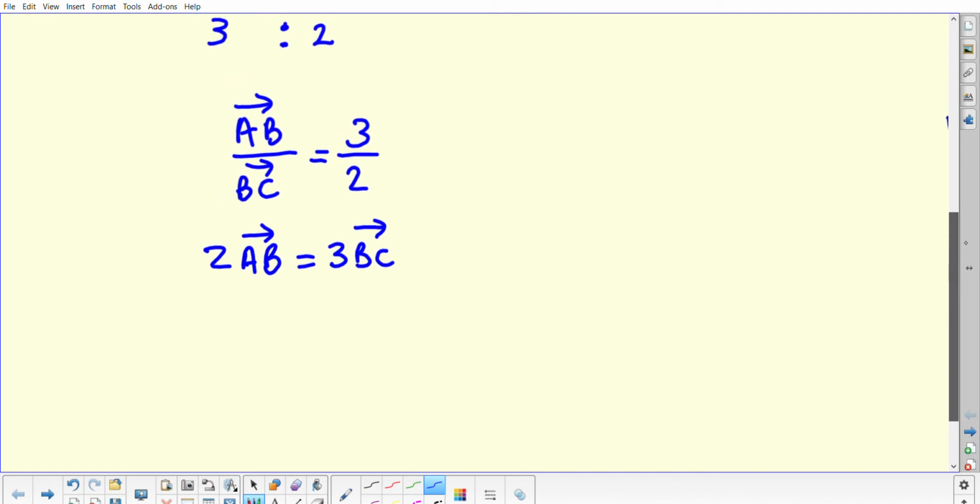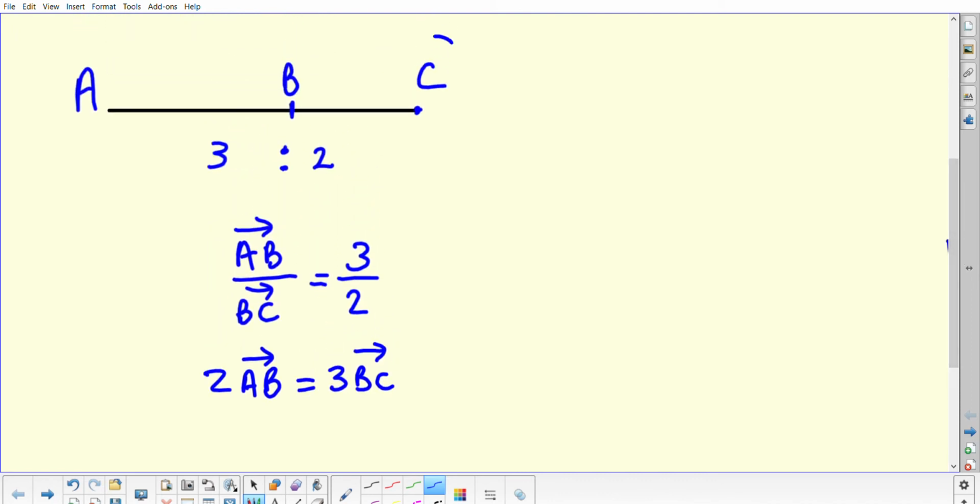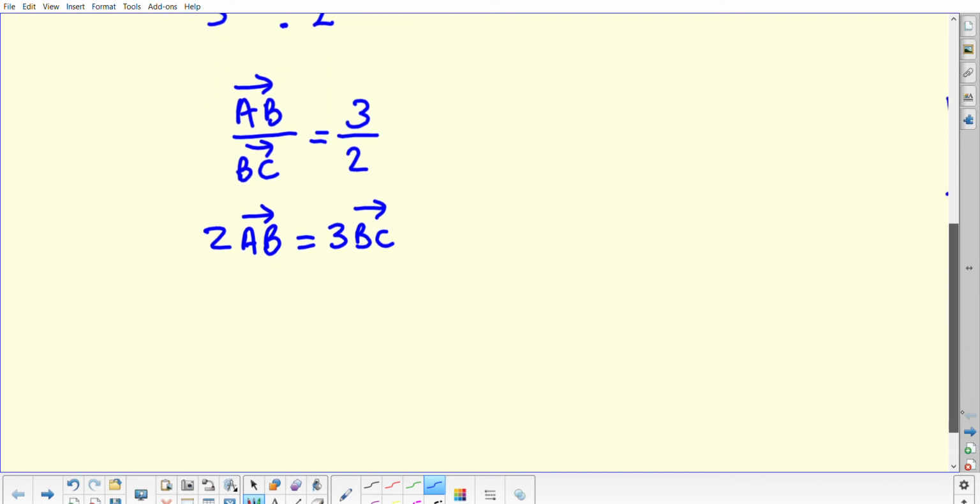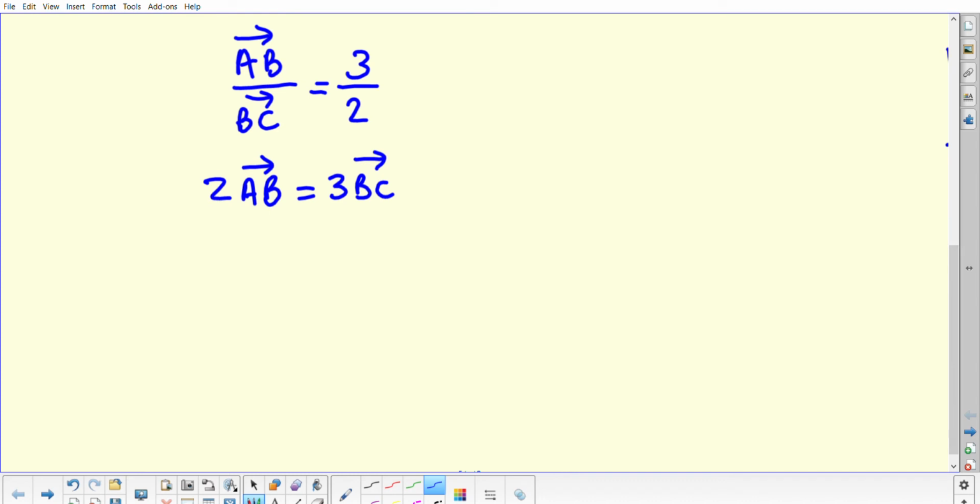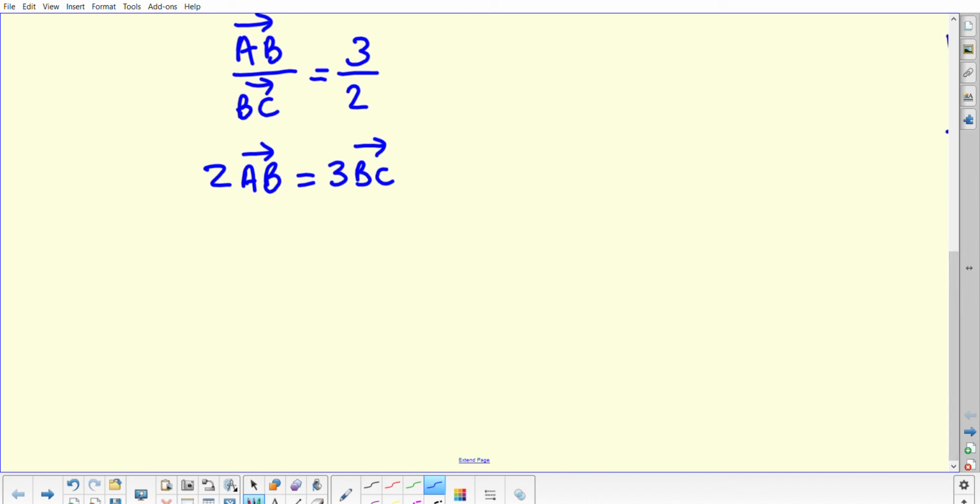And what we're trying to work out, remember, is this point C at the end here. So it's at one of the end points. So it's easier to do this probably rather than the section formula. You can still do the section formula, but it's a wee bit harder because you need to form equations.